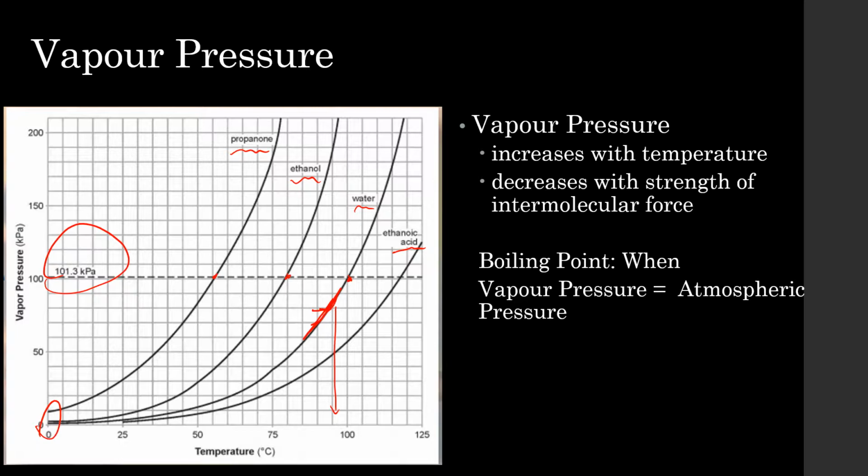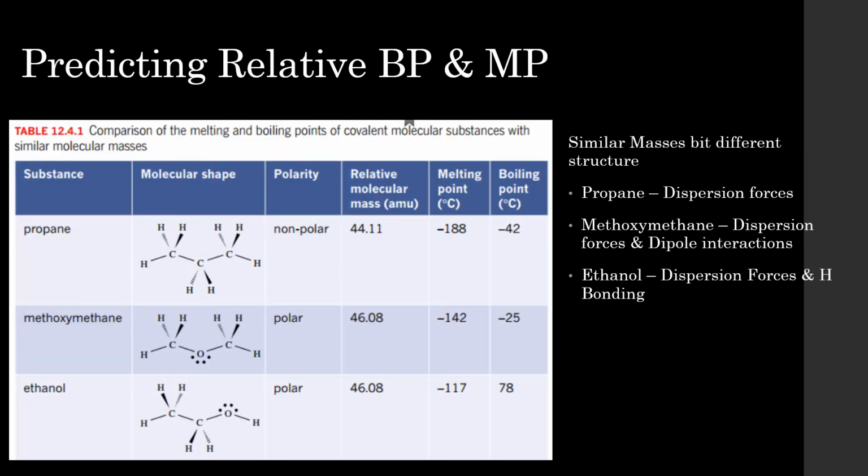Vapor pressure increases with temperature, and you think about that. You're increasing the heat energy, so you're increasing the kinetic energy in the liquid phase of the particles. They're going to escape the surface of the liquid, turn into a vapor, and put a greater pressure along the walls of a sealed container.